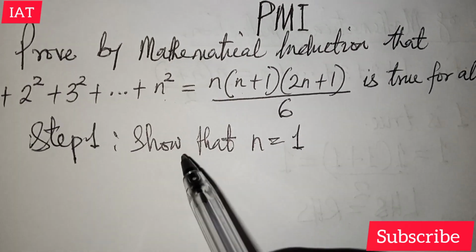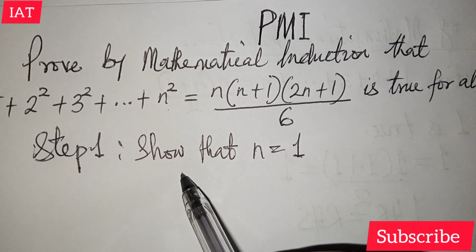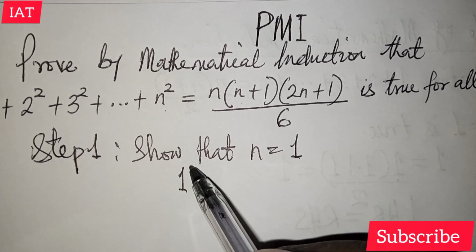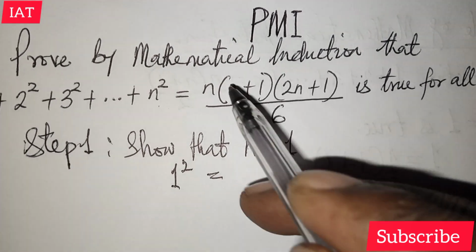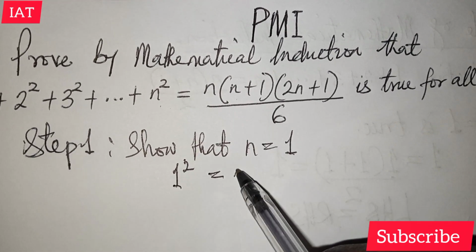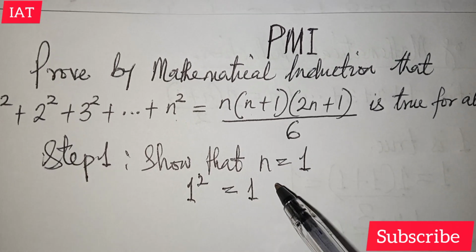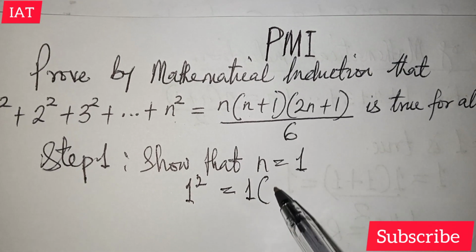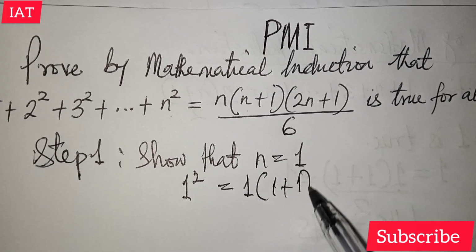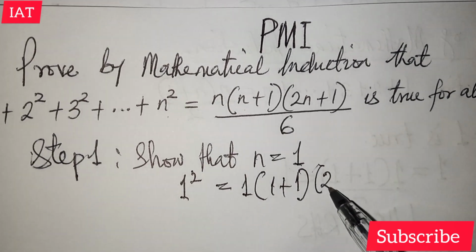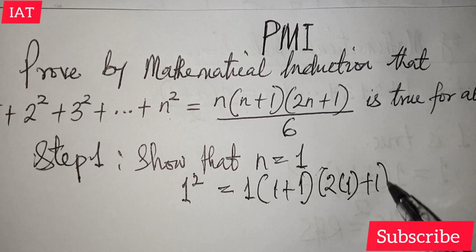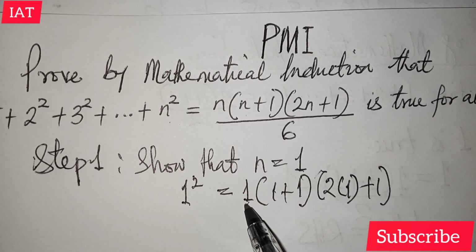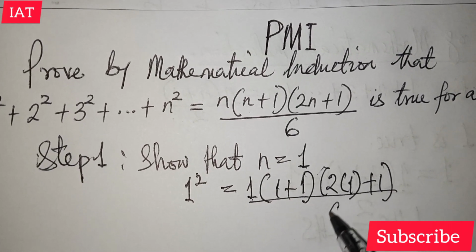Wherever we see n, we have to substitute 1. Because of the square, we have 1 square equals 1 into 1 plus 1 into 2 multiplied by 1 plus 1, and the whole of this is going to be divided by 6.